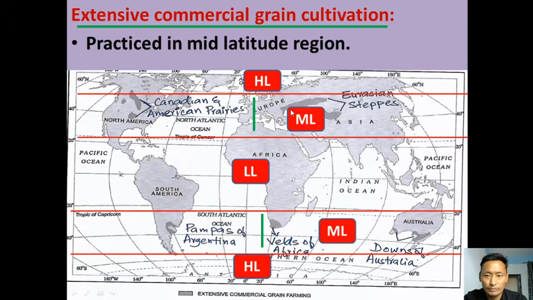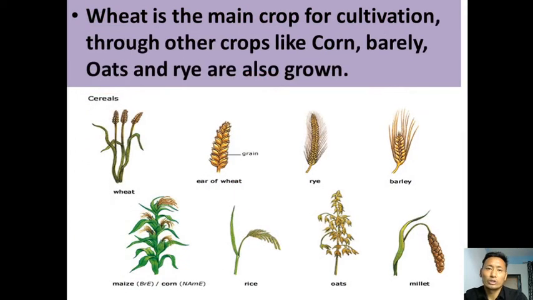Here Canada, America, Eurasia, Argentina, Africa, and the southern part of Australia. So the cultivation of grain mainly for commercial purposes is mainly practiced in the mid latitude regions. Here wheat is the main crop for cultivation. Other than wheat, what are they cultivating?